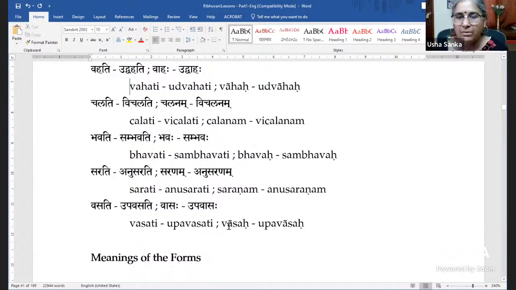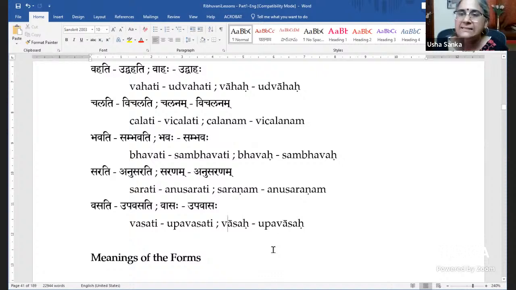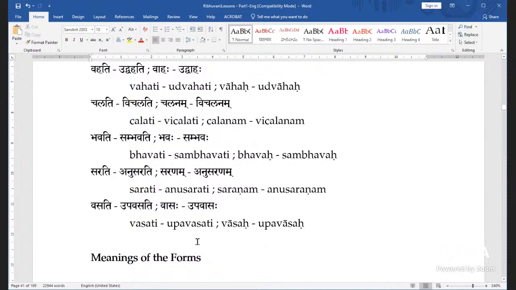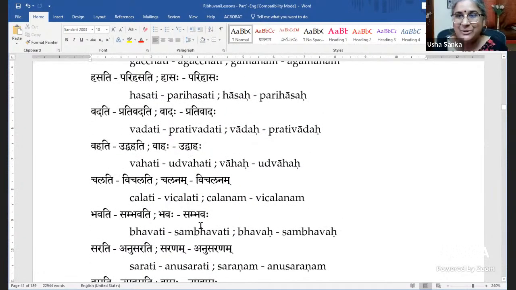Vasaha, correct. Upavasa. They are from the same root. You should pronounce the ha also. Indian students realize it; you can see the difference.